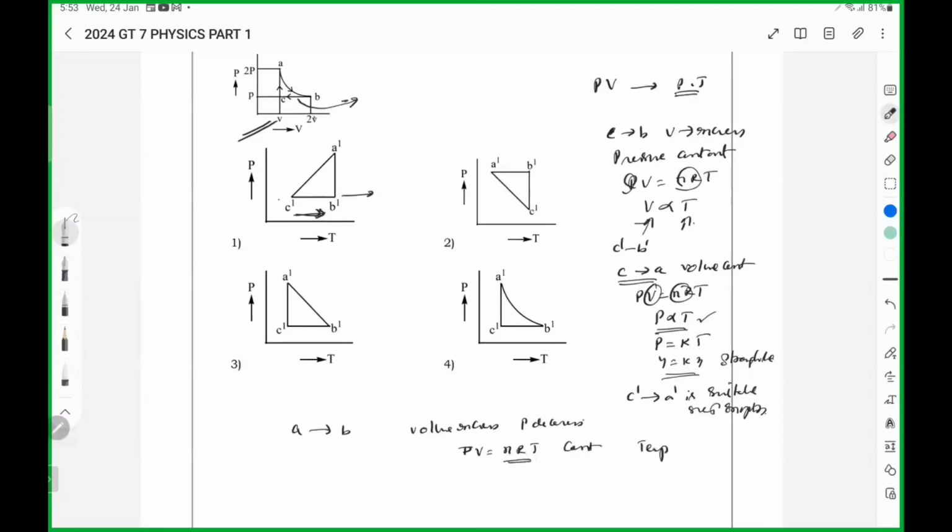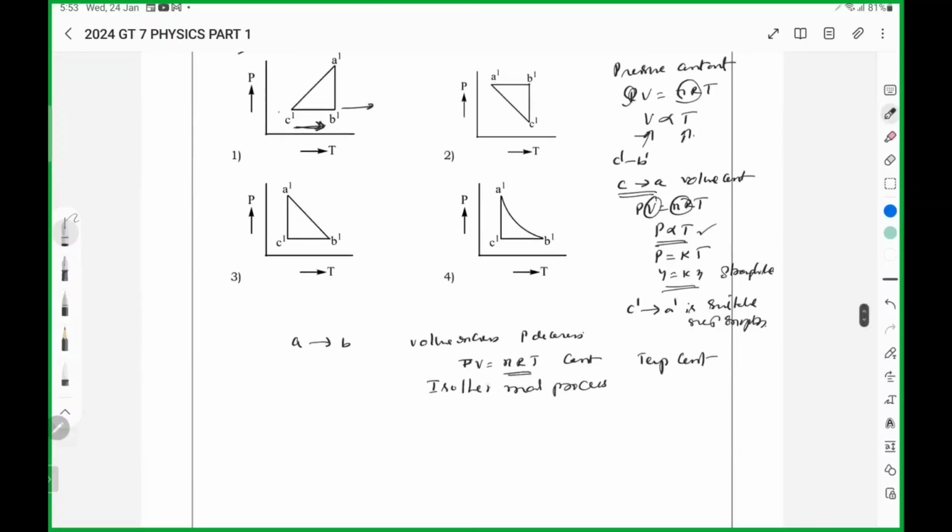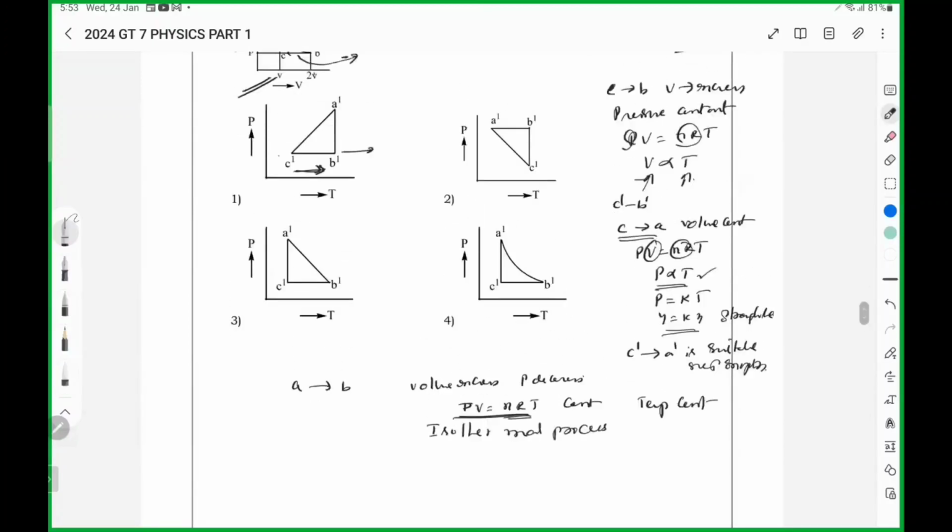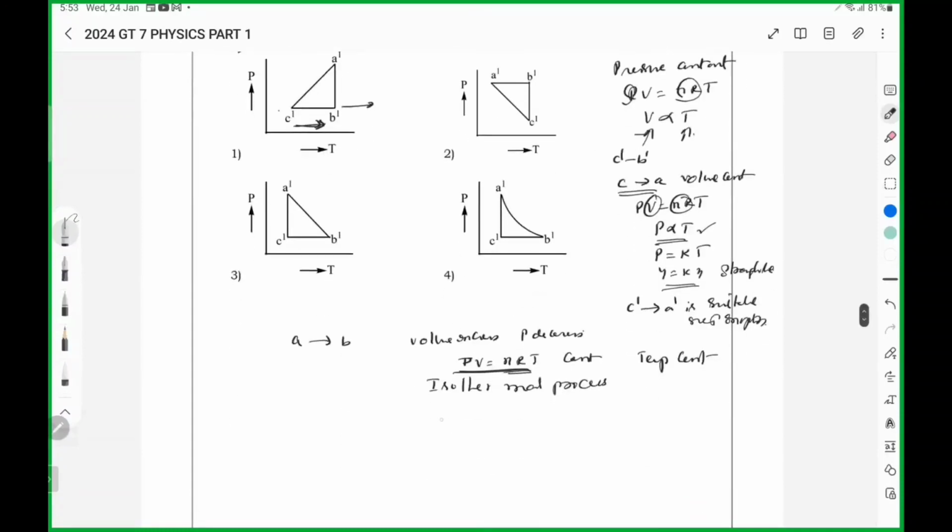That is temperature constant, which is another name for an isothermal process. So from this, in A to B, volume increases, temperature constant.